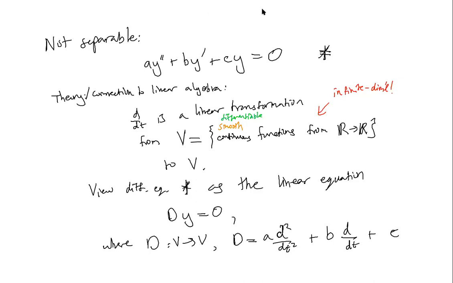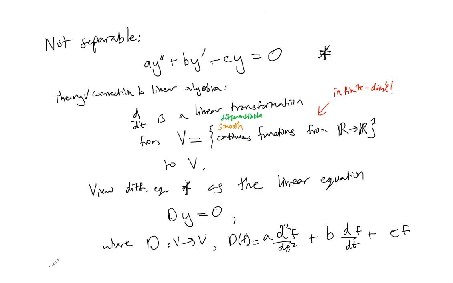So in other words, D takes a function and it outputs the second derivative times a plus the first derivative times b plus f times c. And so this differential equation is just a linear equation.